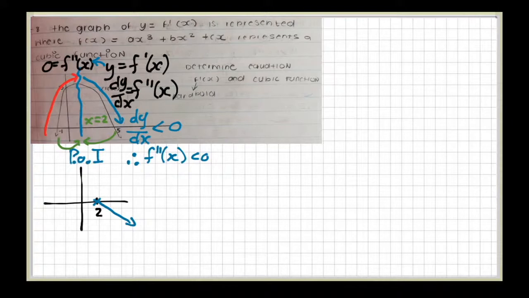But on the red one, dy over dx is bigger than 0. In other words, f double accent x is bigger than 0, which means my graph looks like that. And there, ladies and gents, you've got the second order derivative.